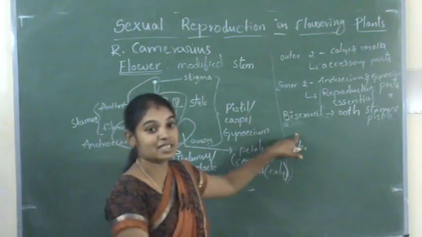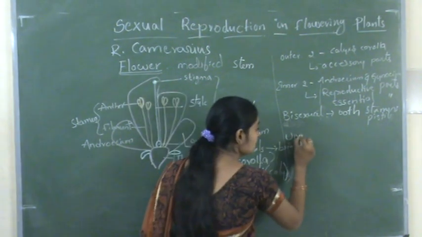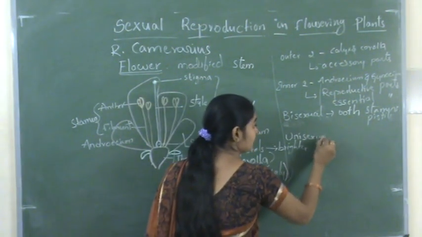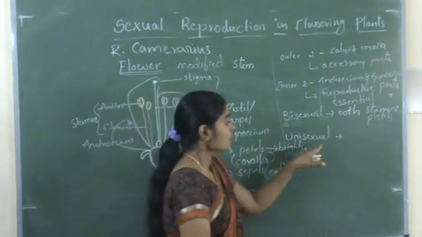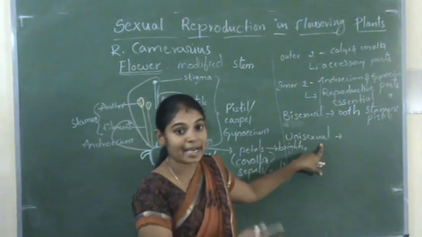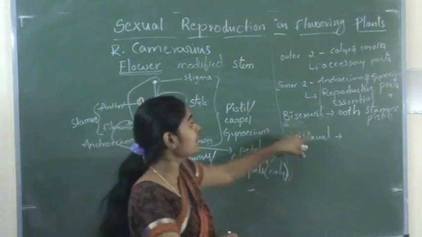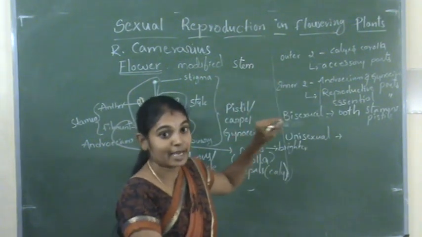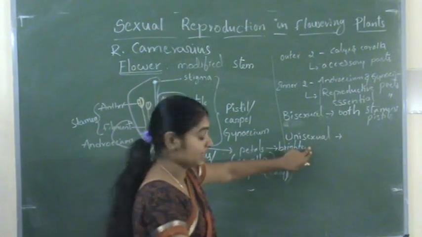Such flowers are called bisexual flowers. Another type is unisexual flowers. Unisexual flowers means it contains either androecium or gynoecium. Any one of the reproductive parts is present in the flower. Such flowers are called unisexual flowers.